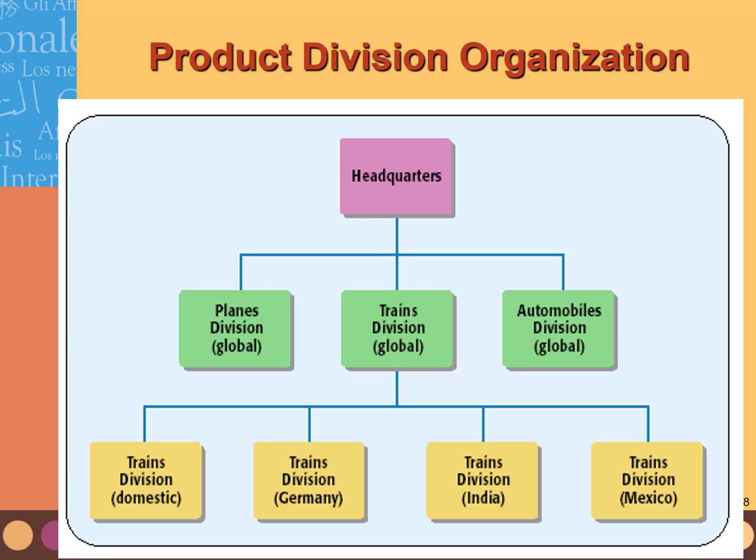I would think of a company like Yamaha or Mitsubishi. A lot of Japanese companies do things this way because under the same brand name, they have extremely diverse products. With Yamaha, you can buy a keyboard or a motorcycle. Very different. In those cases, it makes a lot of sense to divide by product.